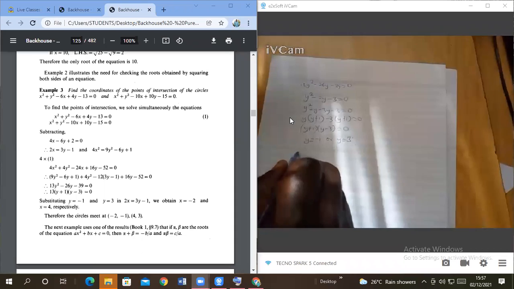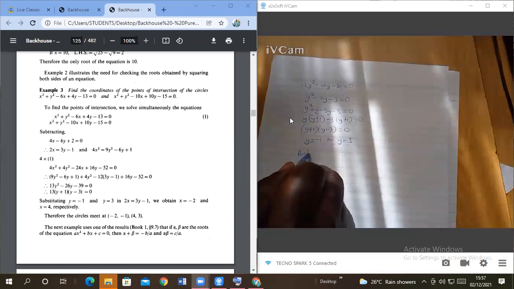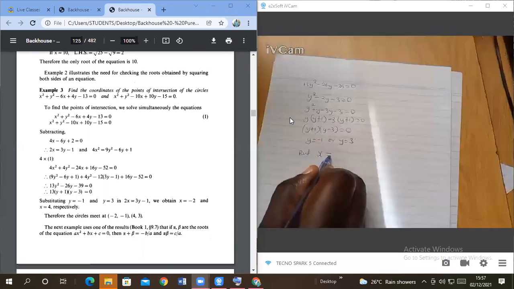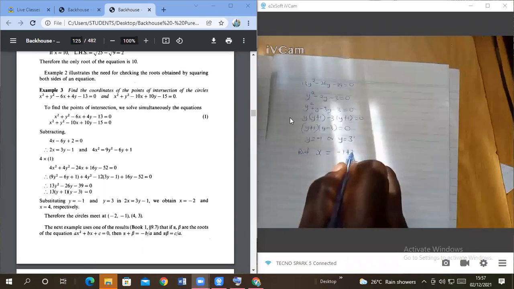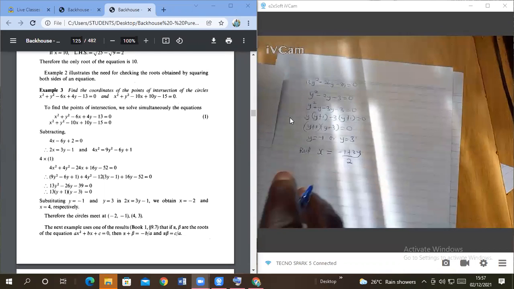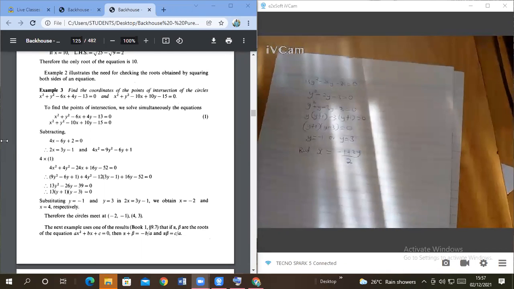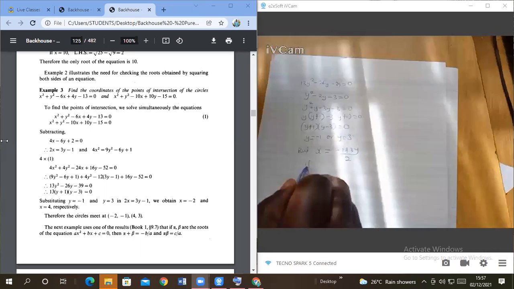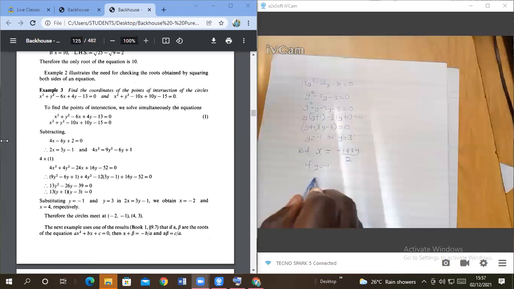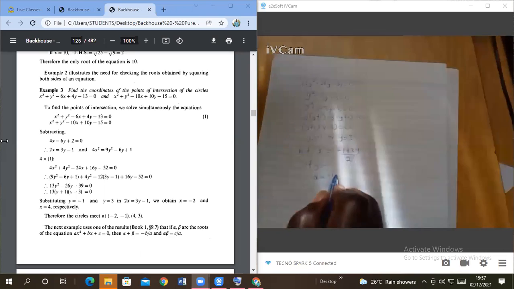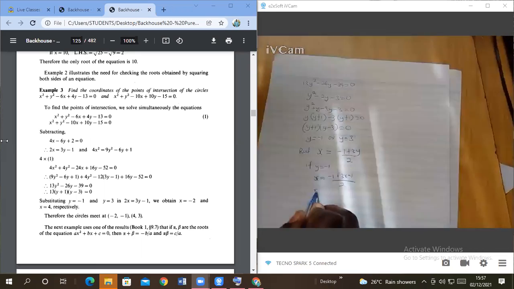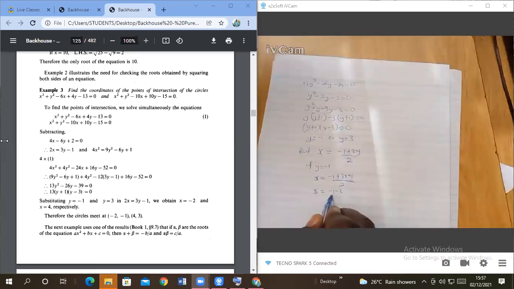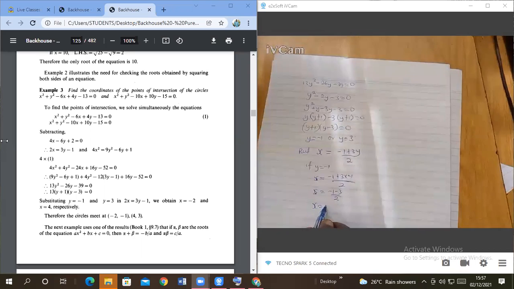But remember, x was negative 1 plus 3y over 2. So if y is equal to negative 1, it means x is equal to negative 1 plus 3 times negative 1, over 2. So x becomes negative 1 minus 3 over 2, and x is negative 4 over 2.